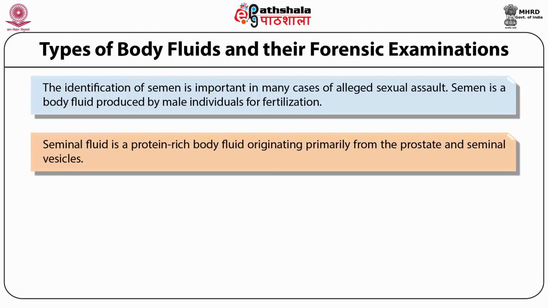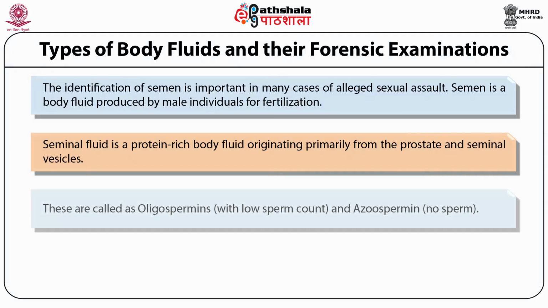In men who have had a vasectomy, certain birth defects, or as a result of some diseases, seminal fluid will either not contain spermatozoa or contain very few. These are called oligospermia, with low sperm count, and azoospermia, that is, no sperm. Therefore, it is useful to be able to forensically test for the presence of both seminal fluid and spermatozoa.